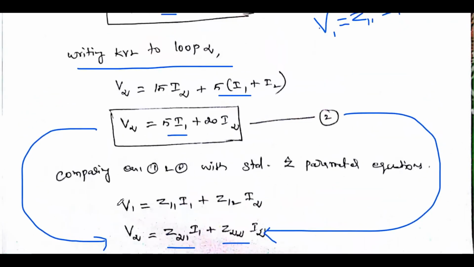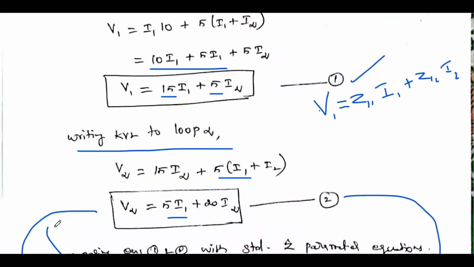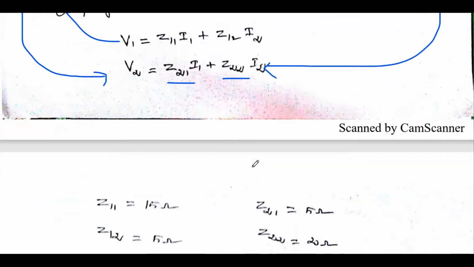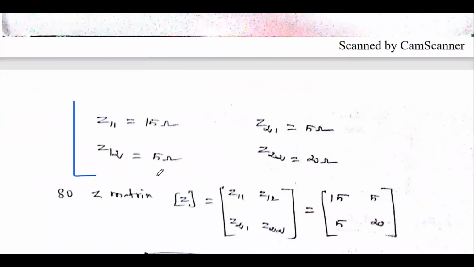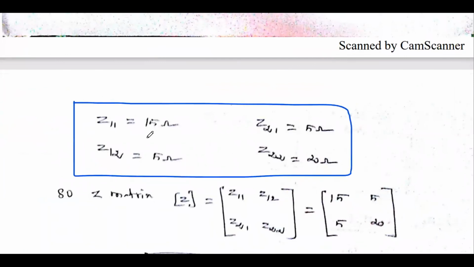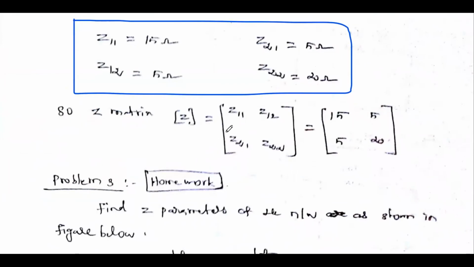Let us compare the first Z parameter equation with this equation. This 15 is Z11, this 5 is Z12. So by comparing the above two equations, we can write Z11 as 15 ohm, Z12 as 5 ohm, Z21 as 5 ohm, and Z22 as 20 ohm. Therefore the Z parameter matrix is like this: 15, 5, 5, 20.